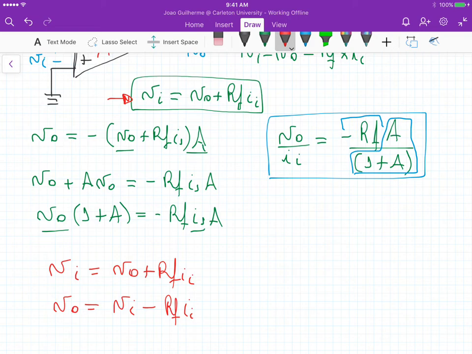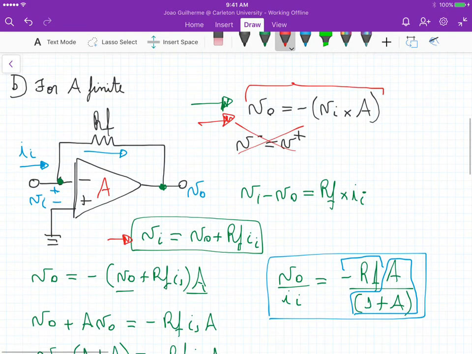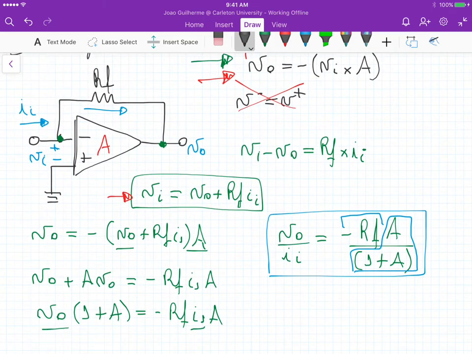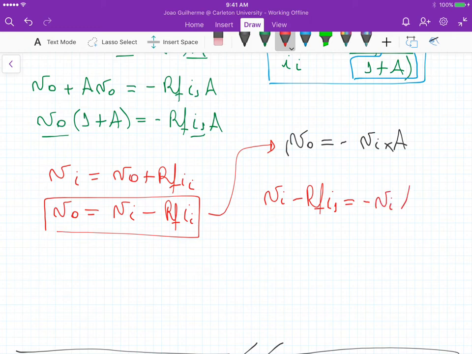Okay, and if we substitute this equation back into the equation up here, V out equals minus Vi times A, we get that Vi minus RF Ii is equal to minus Vi A.